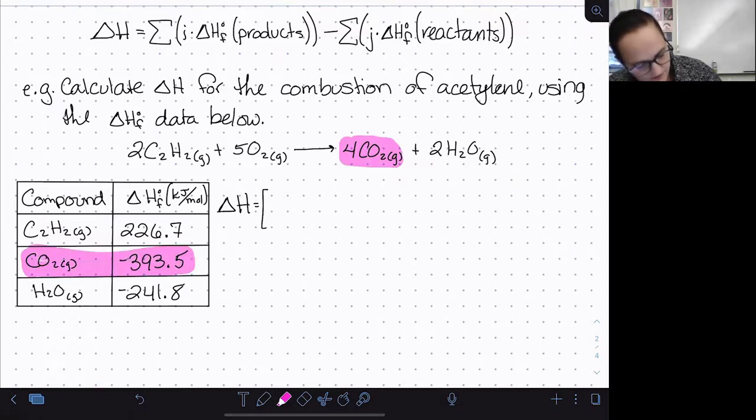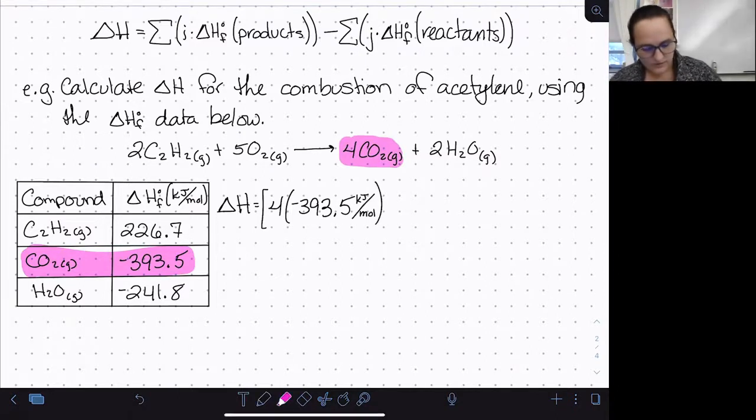Our heat of formation for CO2 is negative 393.5 kilojoules per mole. And that's representing 1 mole of our stuff, which is why we multiply by 4, by our coefficient. And then also on our product side, we have water.